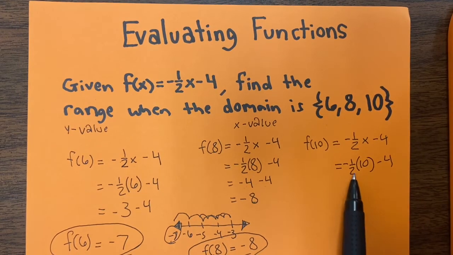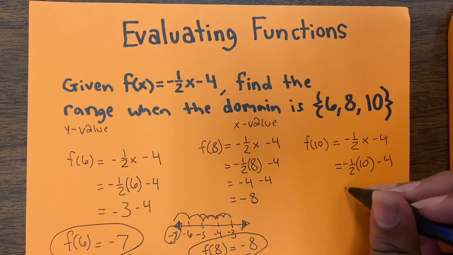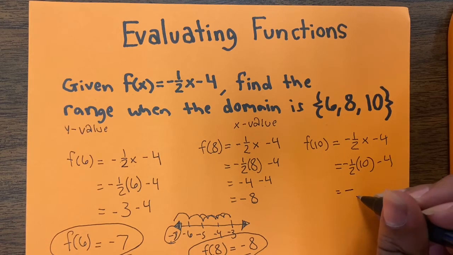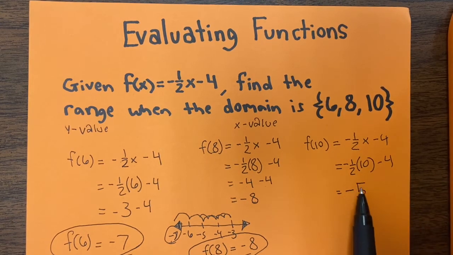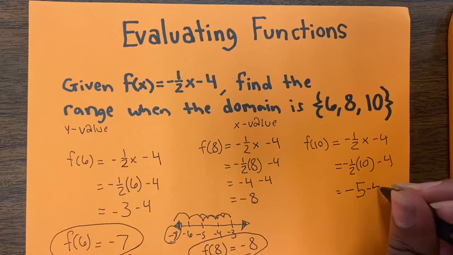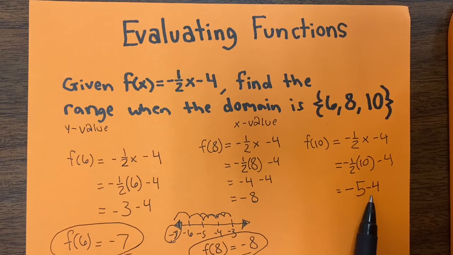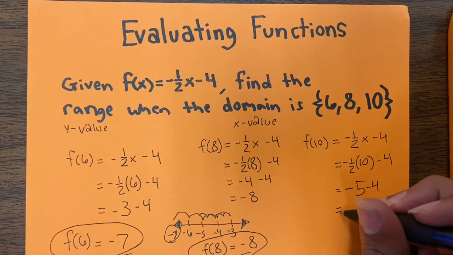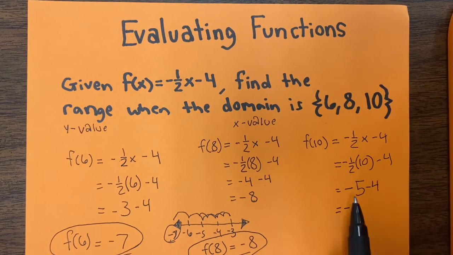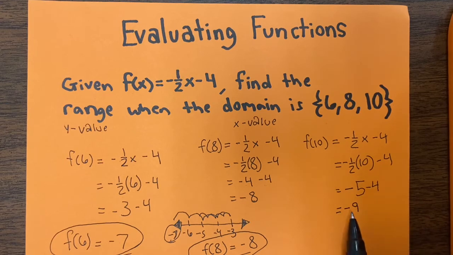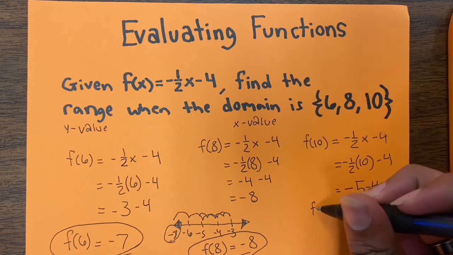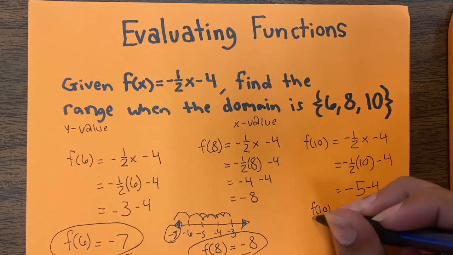So -1/2 times 10, a negative times a positive is negative. 1/2 times 10 is 5. Then bring down the rest. So -5 plus -4 is going to give me -9. Or -5 minus 4 gives me -9. So f of 10 equals -9.